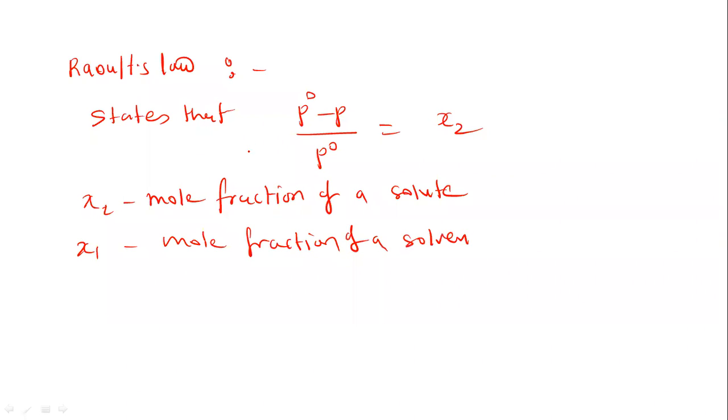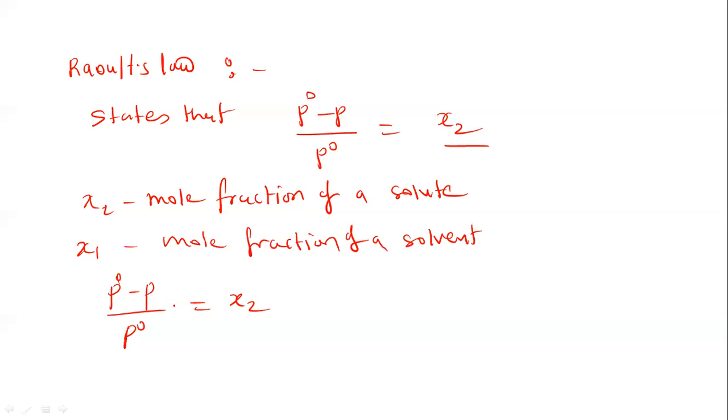So according to Raoult's law, the relative lowering of the vapor pressure, that is P0 minus P upon P0, is equal to X2, the mole fraction of the solute.